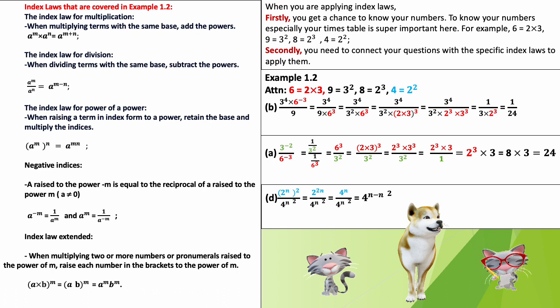Negative indices. A raised to the power of negative m is equal to the reciprocal of a raised to the power of m, where a is not equal to 0. A to the power of negative m equals 1 over a to the power of m, and a to the power of m equals 1 over a to the power of negative m.